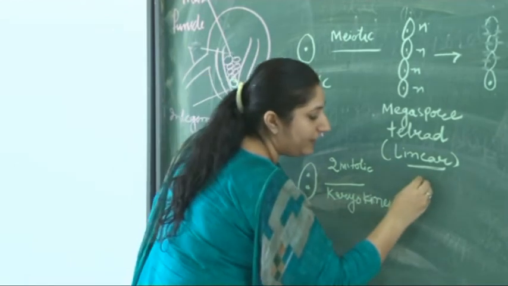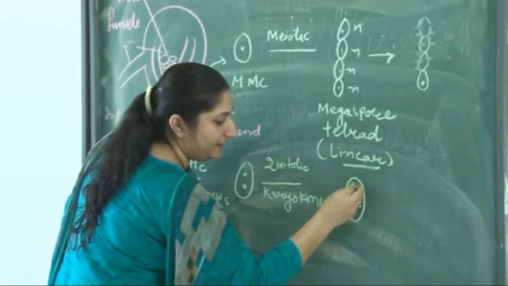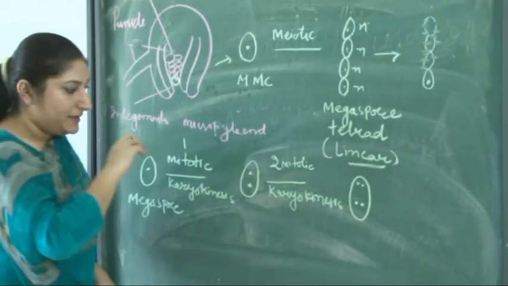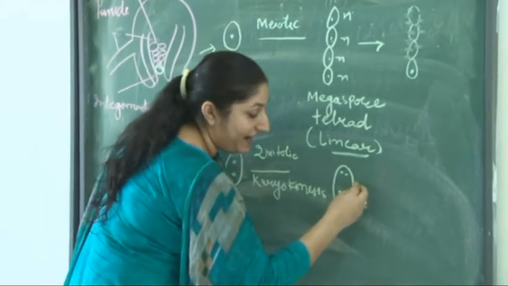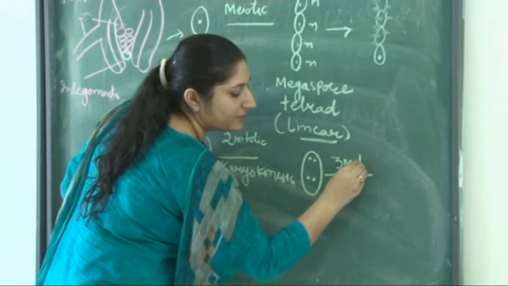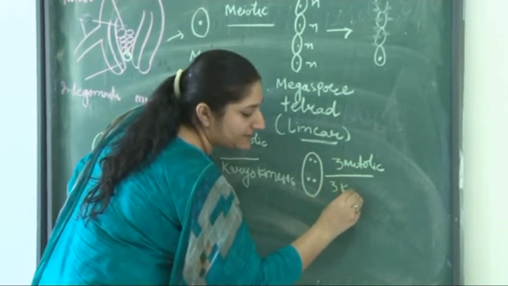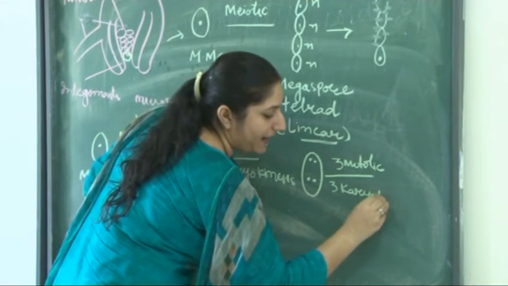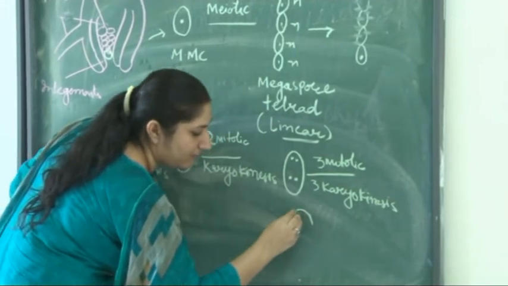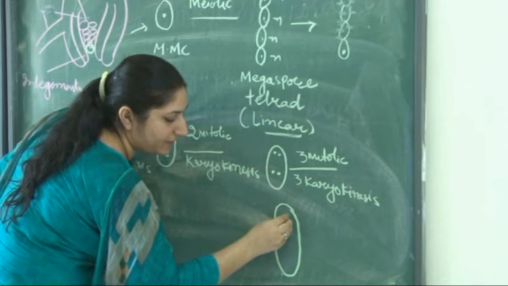In the second karyokinesis, the second mitotic division, the nuclei divide again and there is formation of 4 nuclei. Now this cell again undergoes the third mitotic division, the third karyokinesis, and we get 8 nuclei.